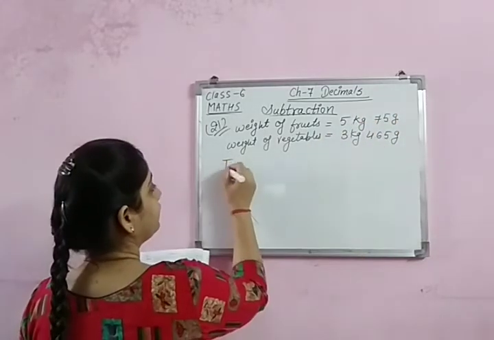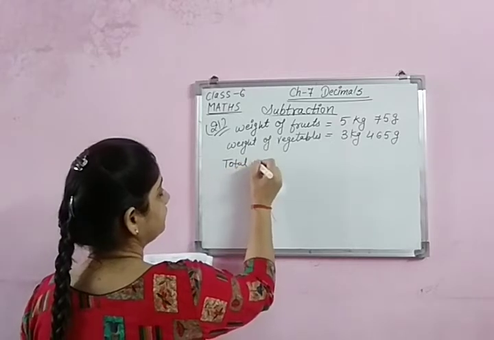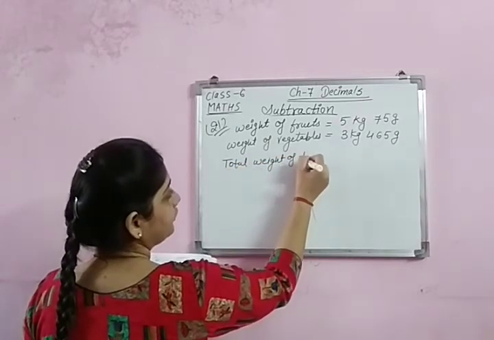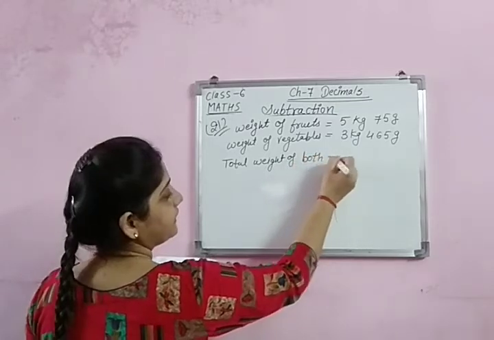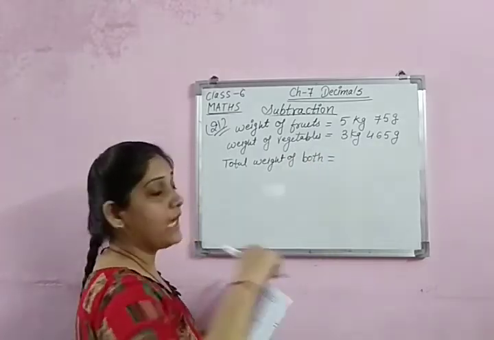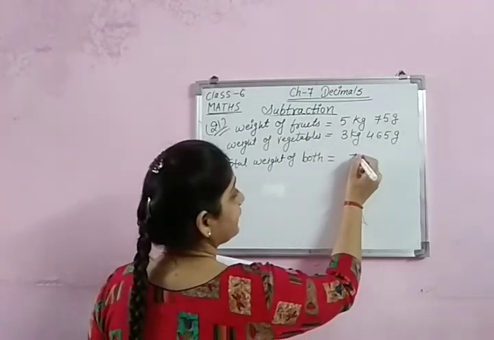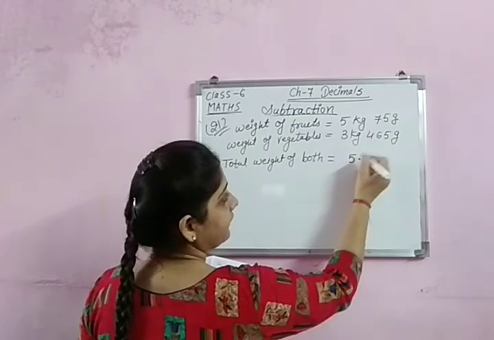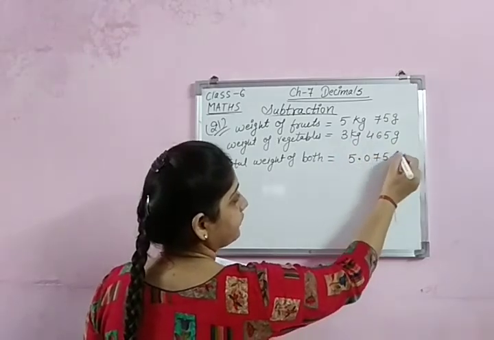Now I am finding total weight of both fruits and vegetables. So when we are finding total, we have to add. I am writing in decimal. When we are finding decimal, we know how to convert this in kilogram. 5.075 kilogram.